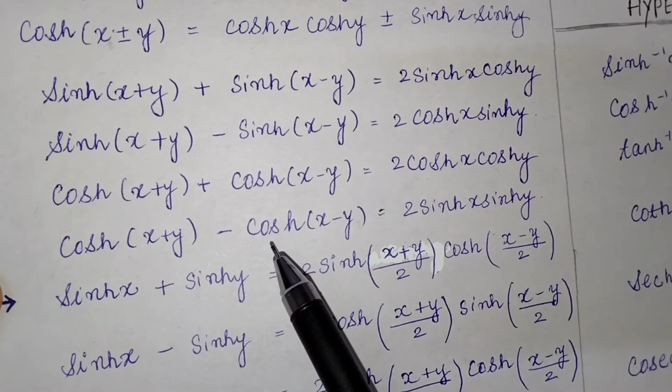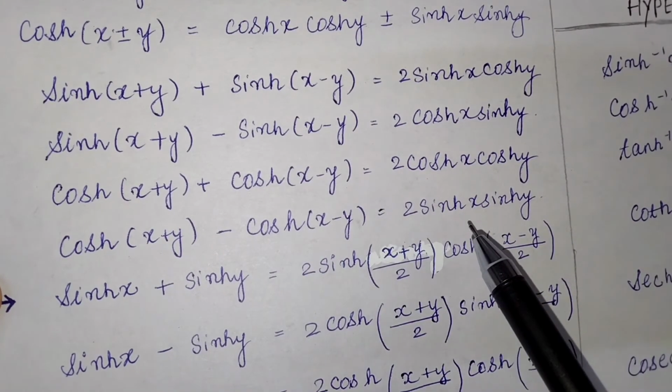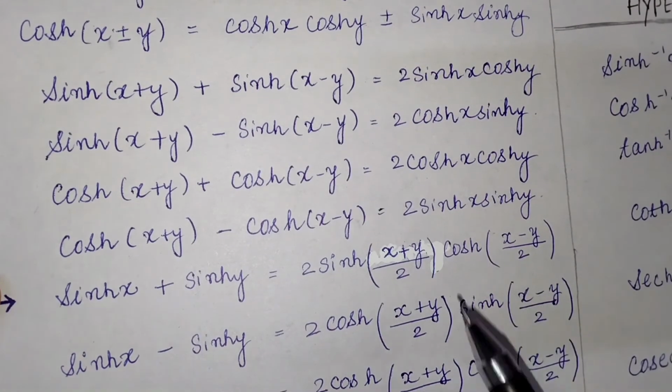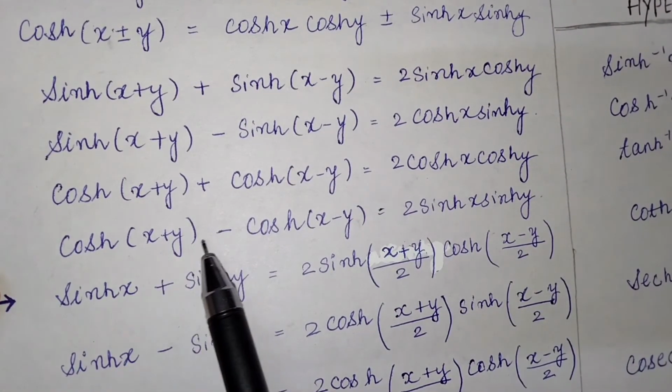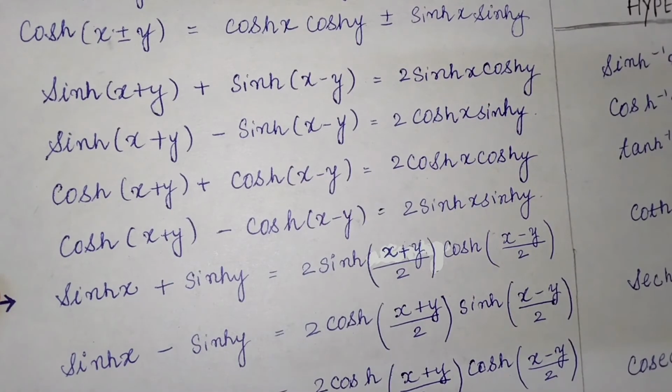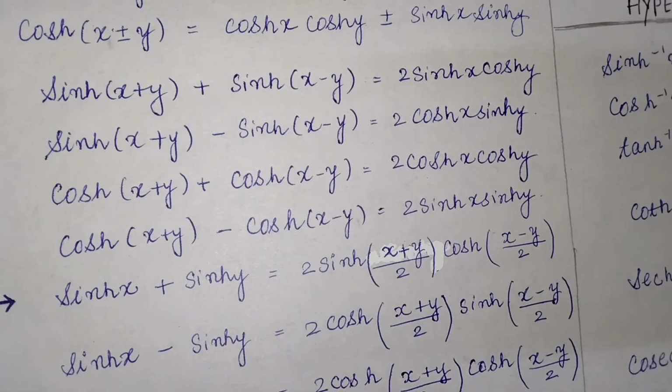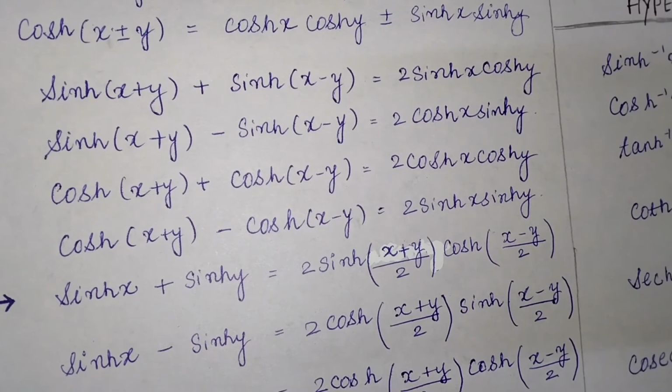And cos minus cos is equal to 2ss. That is 2 sin hx into sin hy is equal to cos h of x plus y minus cos h of x minus y. So these hyperbolic functions are similar to the circular functions. But circular functions are represented in theta, and these hyperbolic functions are represented in the form of hx.